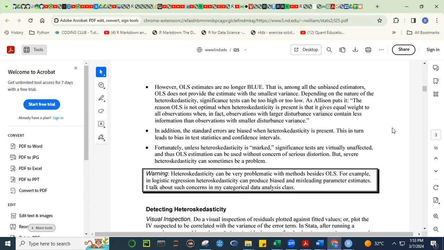'Di ba pag naalala niyo pag kinompute natin yung variance, say let's say we're taking a look at E, it's equal to E minus the mean of E, squared over n minus 1. Okay? So yung n minus 1 na yon is the divisor for all the residuals, E minus E mean. So equally weighted sila. Okay?